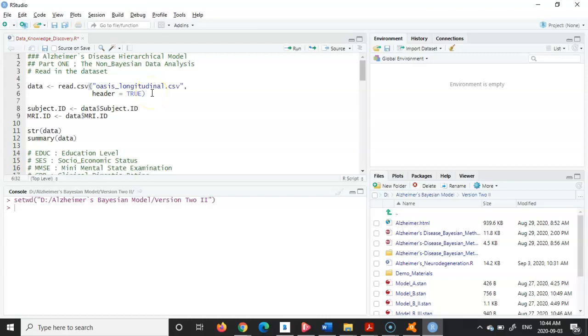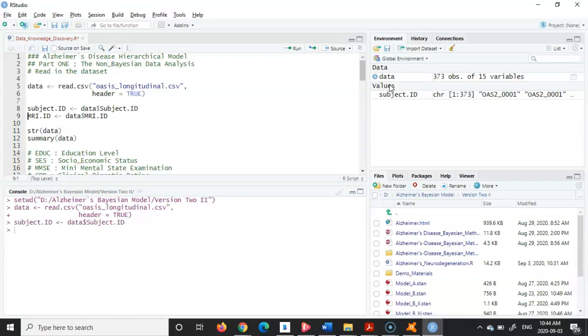Now, when you set the directory to the folder that you have, I'm going to execute the line by pressing Ctrl Enter, and you see that the data is created, which consists of 373 observations of 15 variables. For reasons that you will see in the next tutorials, I'm going to take subject ID and MRI ID and put them aside, because in future tutorials I'm going to work with them.